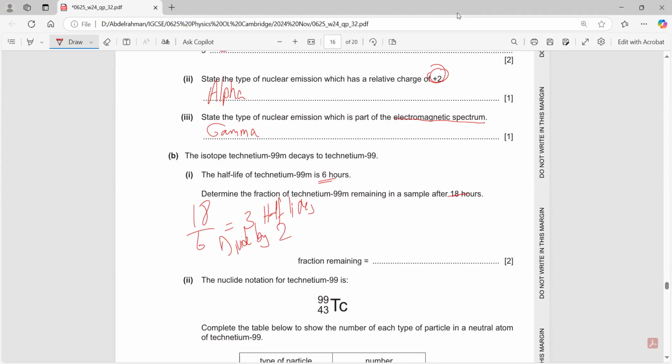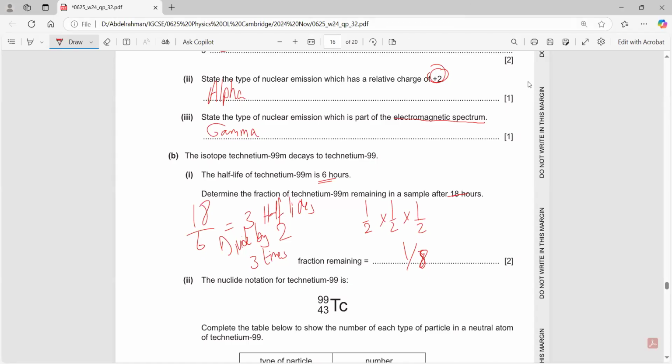So half, and another half, and another half. Divide by 2, divide by 2, divide by 2, which would be 1 over 8. This is the remaining fraction because you divided by 2, 3 times.